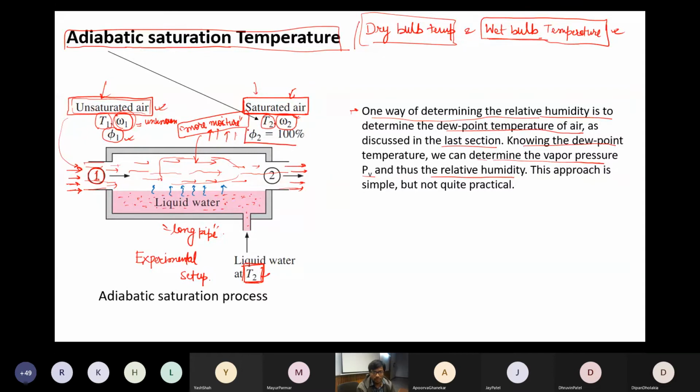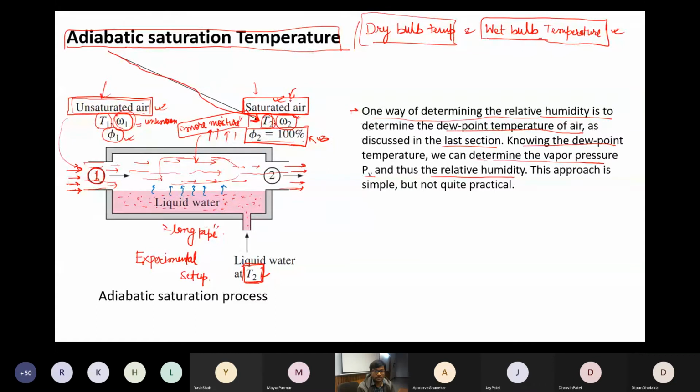Because of the saturated air, it has taken the maximum moisture content, so its relative humidity is 100% at that temperature T2. Once it reaches this saturated air condition, this temperature is known as the adiabatic saturation temperature.